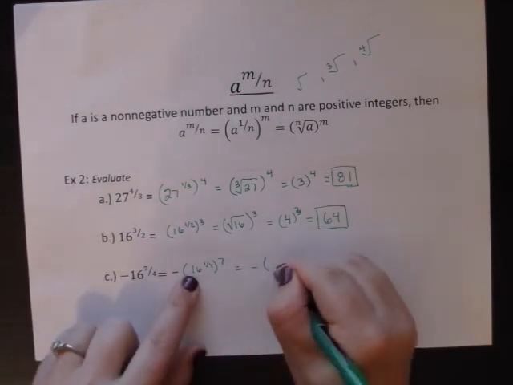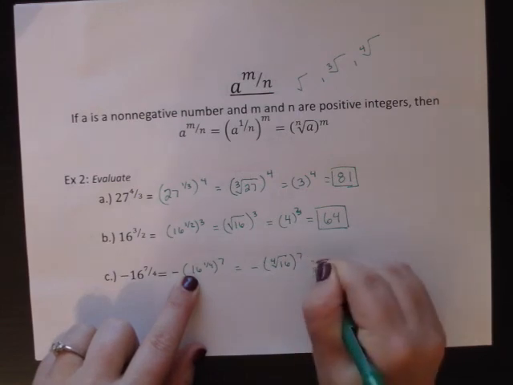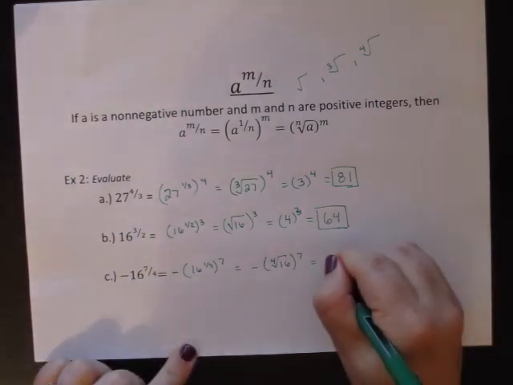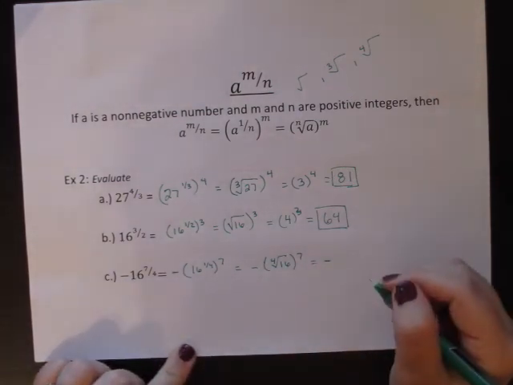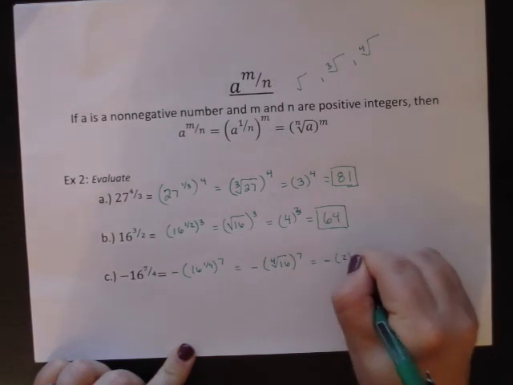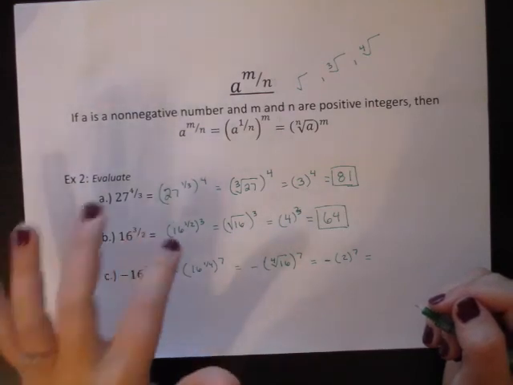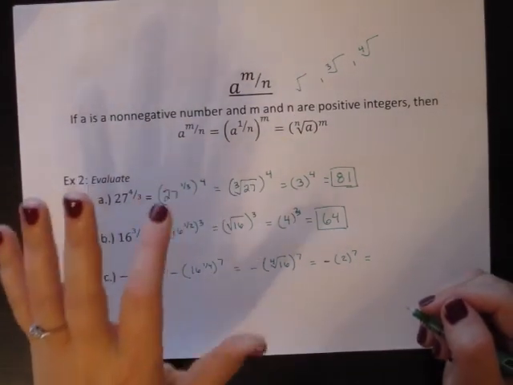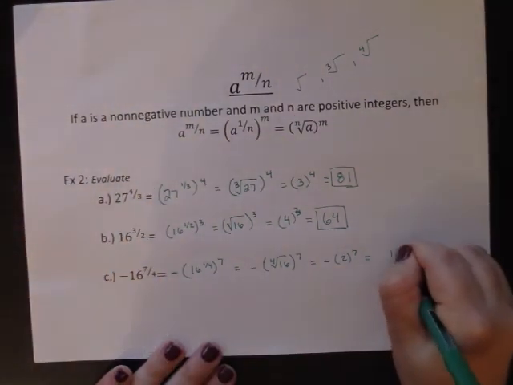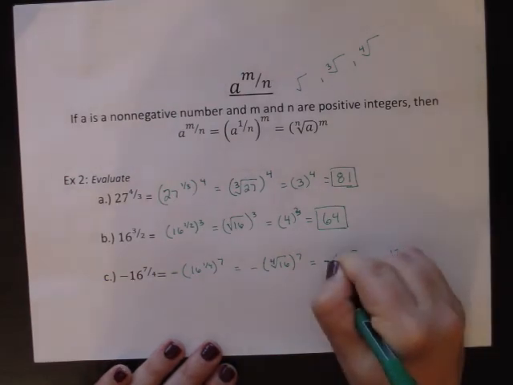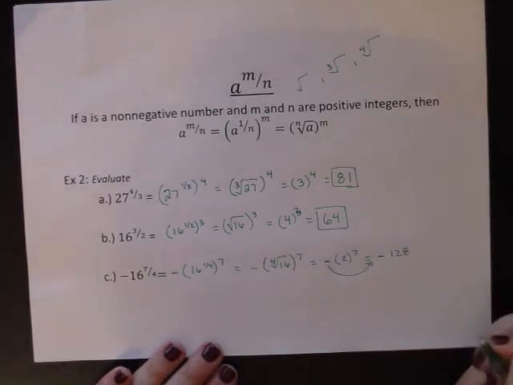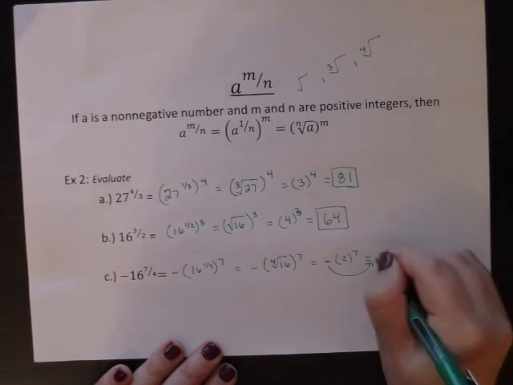This would be the 4th root, so this would be the 4th root of 16 raised to the 7th. So that would be negative, the 4th root of 16 would be 2 raised to the 7th power. And then 2 times 2 times 2 times 2 times 2 times 2 times 2 would be 128. And then the last thing we do is we bring that negative in front. So please, please, please be careful with that.